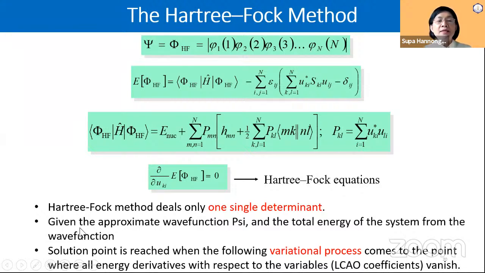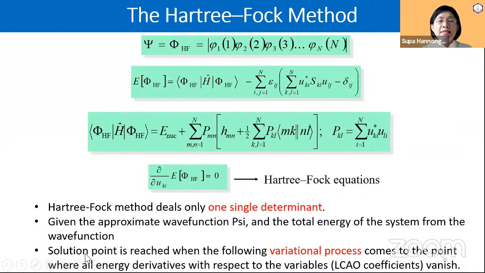And when we give the approximate wave function, or psi, I mean that we do not need to get the real wave function, just approximate, just some function, okay? And then we can obtain the energy of the system from that wave function.